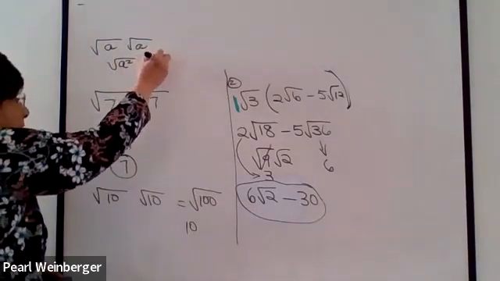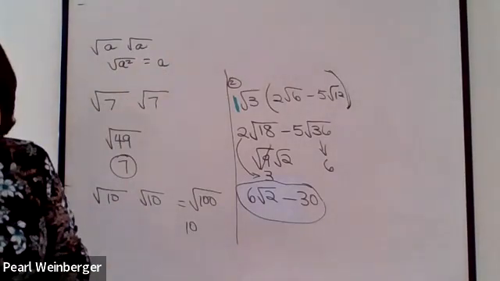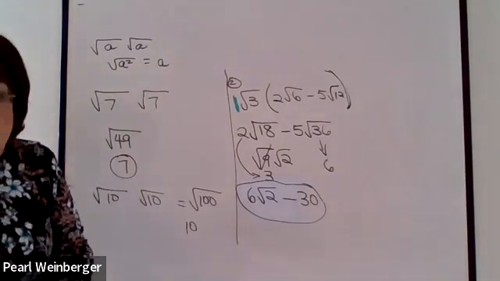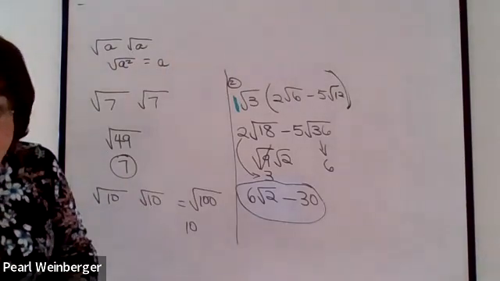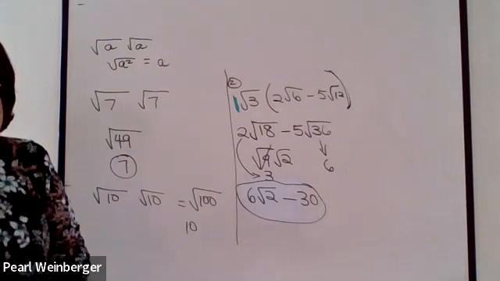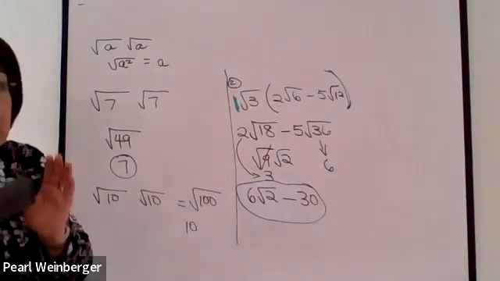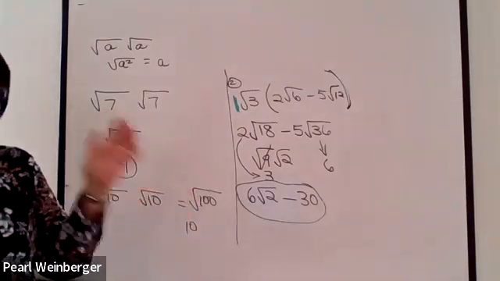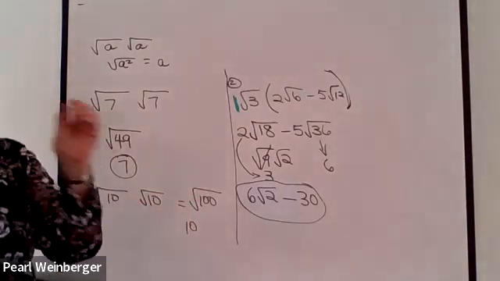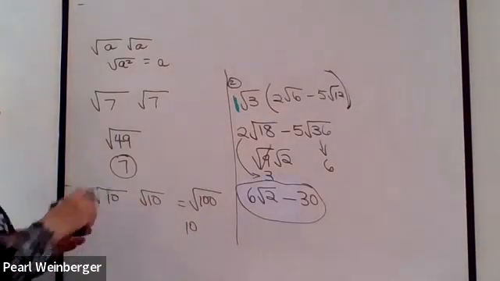We'll just get A. So the basic rule is anytime you're multiplying a square root by itself, you get the number that's inside the square root without any radical sign. Square root of 2 times square root of 2 is plain 2. Square root of 100 times square root of 100 is just plain 100.